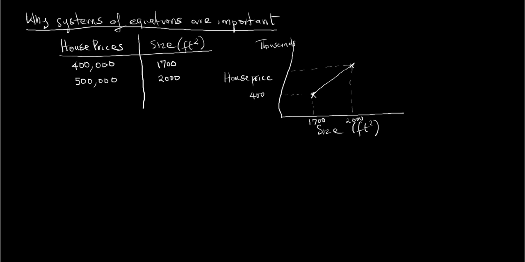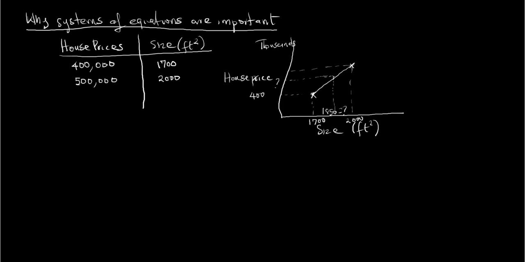Now the question becomes, what if I'm looking for the house price when the size of the house is roughly, let's say, 1,850, right? So I'm looking for that one. What is going to be the price of the house? I don't know what that is.